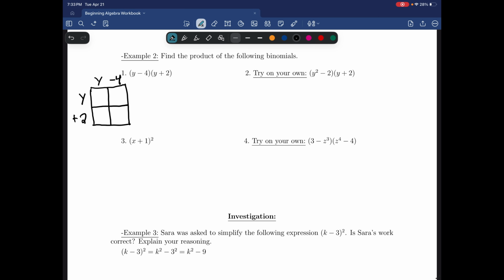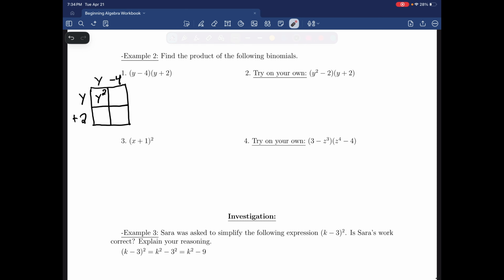And now what we're going to do is in each box, we're going to multiply the two parts that correspond with where that box is. So taking a look at this first box, we're going to multiply y and y. And y times y, recall using our exponent rules, becomes y squared.